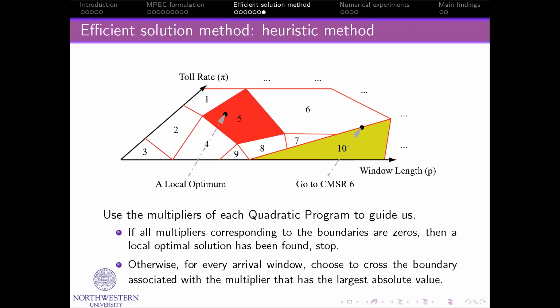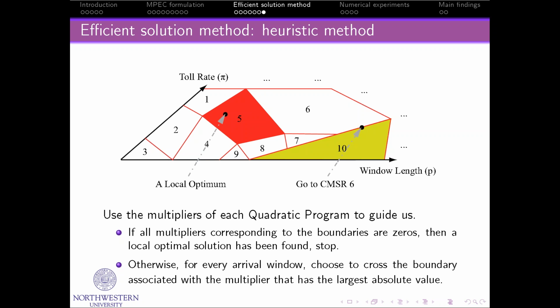So the criteria is as follows. If all multipliers corresponding to the boundaries are zeros, then it's type 1. So a local optimum has been found. We stop. Otherwise, for every arrival window, we choose to cross the boundary associated with the multiplier that has the largest absolute value to search the next CMSR.